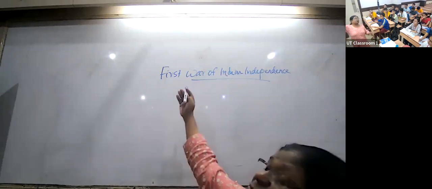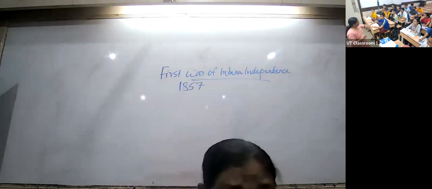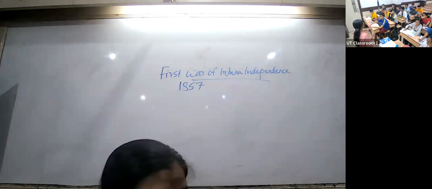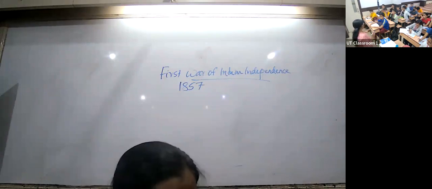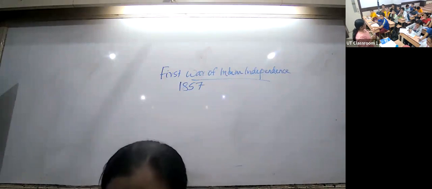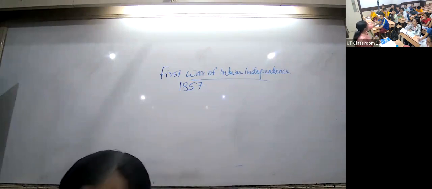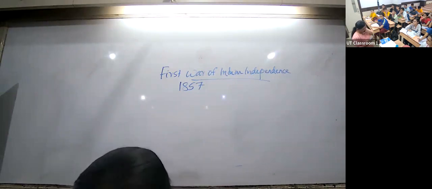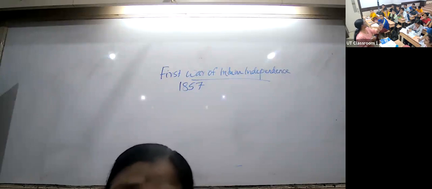So when was the first war of Indian independence? 1857. So let's see how they established their control in India. There were so many methods. See, when we think about this group of people, they came to India as traders. The East India Company came to trade. After some time, they started establishing their role.